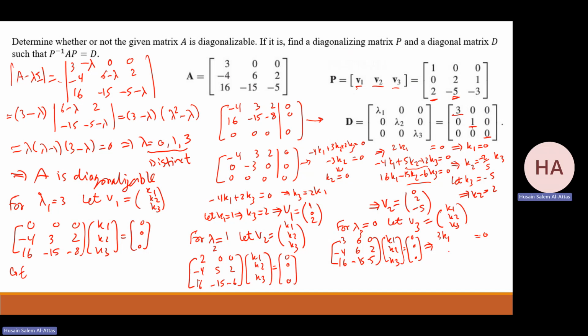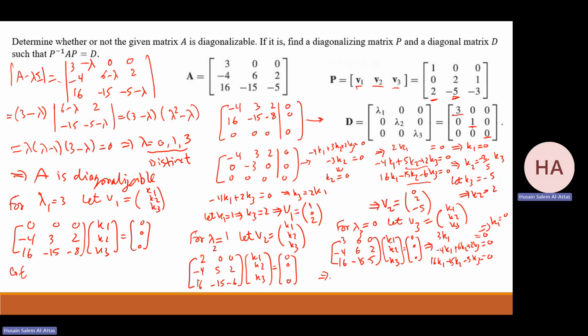So that implies 3K1 equals 0. K1 equals 0 here. The two equations are the same, so very clear.